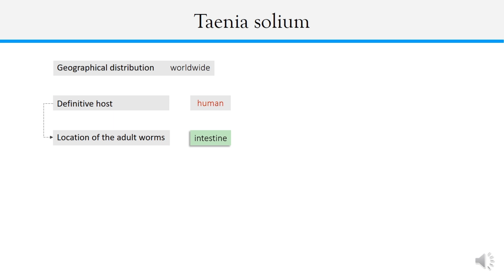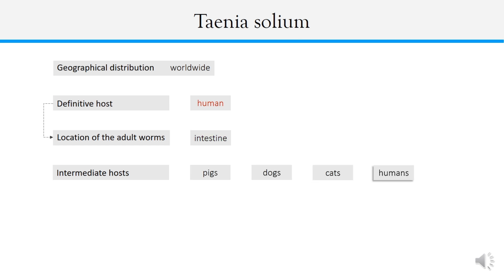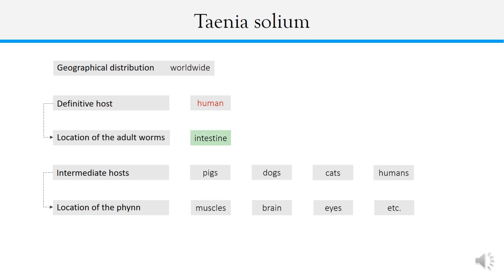What about intermediate hosts? Intermediate hosts are pigs, also dogs, cats, and could also be humans. The location of the fin in the intermediate host is the muscles. Also, fins could be located in the brain, in the eyes, and in other internal organs.